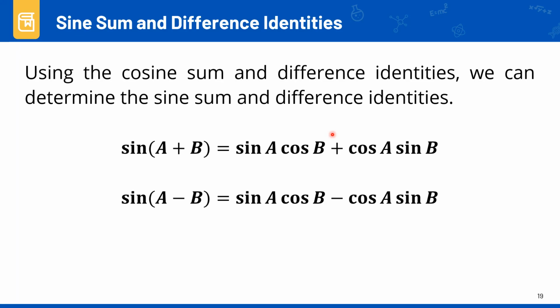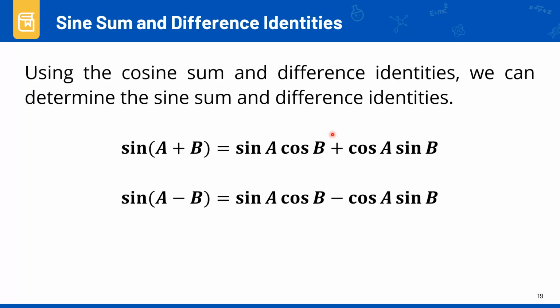As we can see, the difference between the cosine sum and difference and the sine sum and difference is the structure of the identities. Remember that for cosine a plus b, that is cosine a cosine b minus sine a sine b.